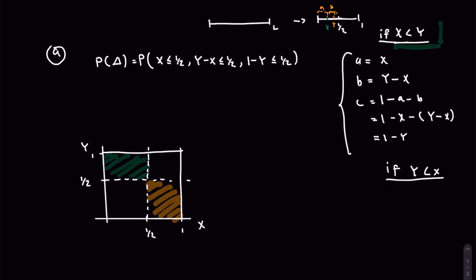I think it's easier to look at these as well. So let's simplify this, by the way. This can be written as one event. If we simplify, y is larger than a half, right? I just add y to the other side, and subtract off a half, and then we're left with a half on this side.